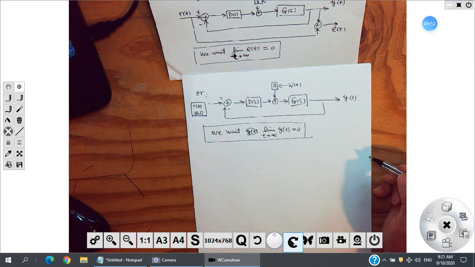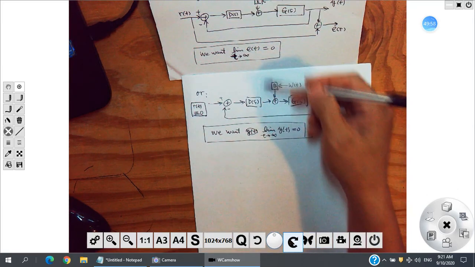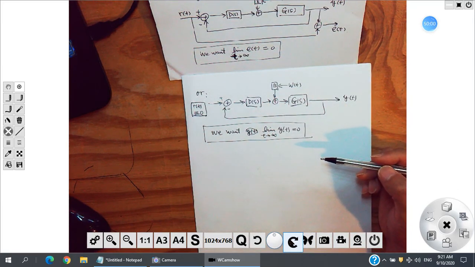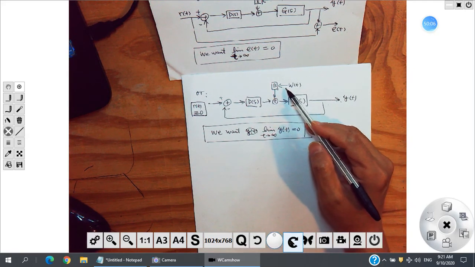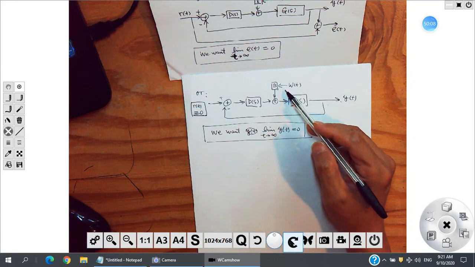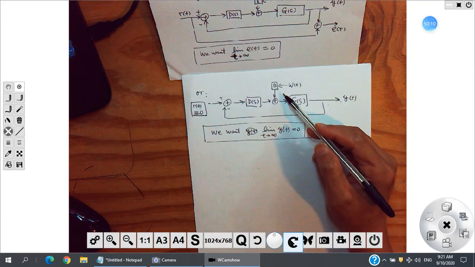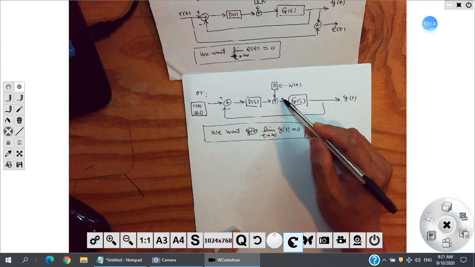Okay, so both cases describe the same topic actually. We want some small output caused by this disturbance. You have something disturbing you, and you want this one to not really disturb you. You want this to tend to be smaller.